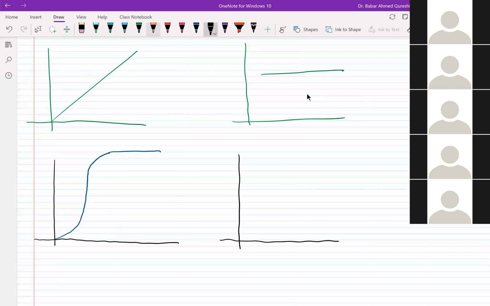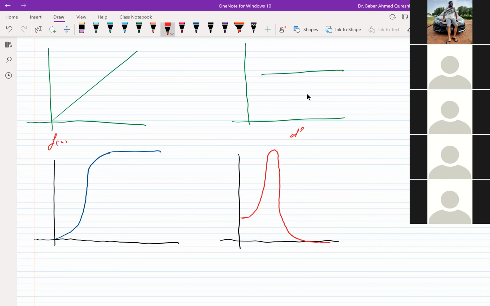It had in the beginning a certain rate when it was steadily climbing, so it was a constant rate, but then it suddenly had an increase in its rate. So the rate increased, but then it again decreased and became 0. So something like that. This is the function. This is the rate of change of the function.